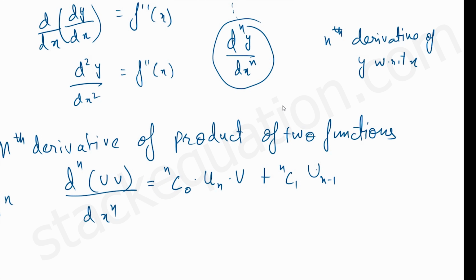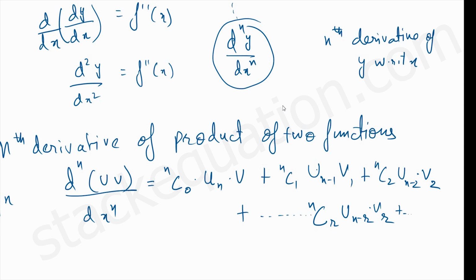n minus 1th derivative of u into first derivative of v, plus nC2 into u n minus 2 derivative into second derivative of v, plus so on, nCr into u n minus r derivative into v r derivative, and the last term will be nCn into u into nth derivative of v.